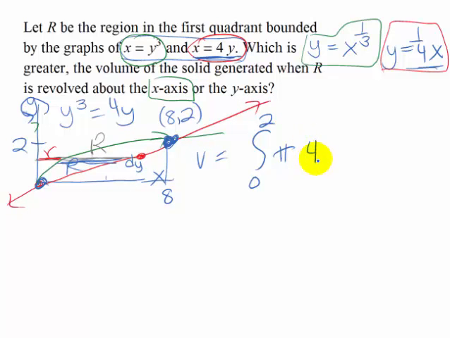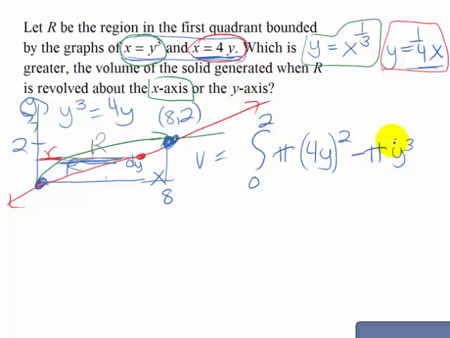So the x is 4y, and we need to square that for pi R squared, minus, now we're going to subtract off the hole, so it's the circle that we would get here by doing pi little r squared, and little r would be the x value of this function, that is x equal y to the third. So this would be y to the third squared, and then we need to multiply by our little thickness dy.